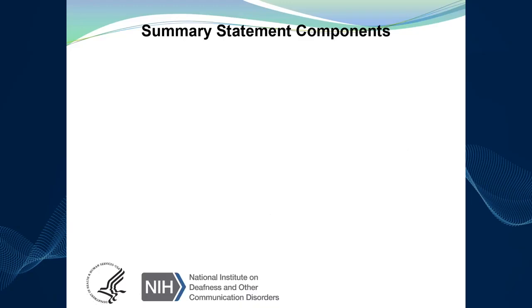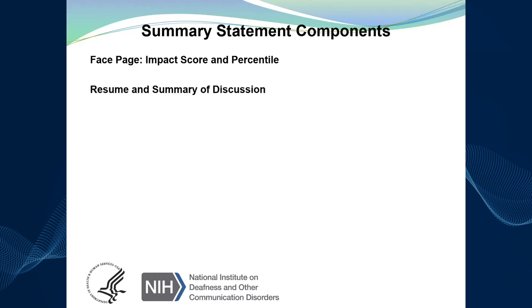Once the review is completed, the applicants will receive a summary statement. And so what's in a summary statement? The first page is going to contain the impact score that was determined at the time of the meeting and the percentile. If your application was streamlined or not discussed, there will be an ND on the face page.